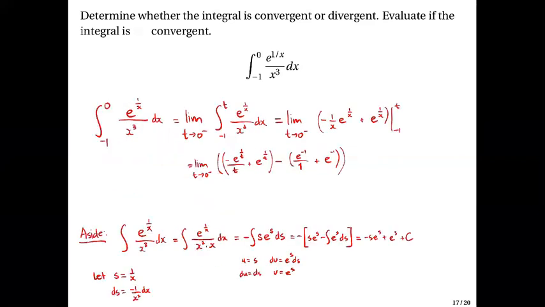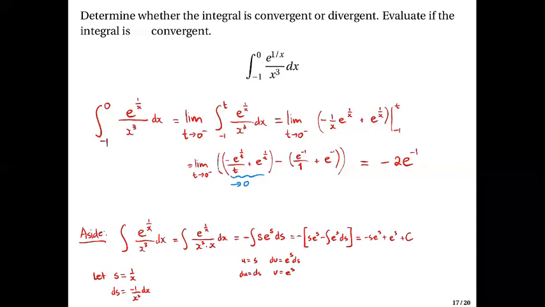We go back to this. This means that these two factors will just go to 0. And therefore, the final limit will just be negative 2 e raised to negative 1.